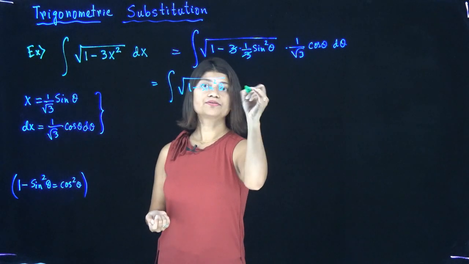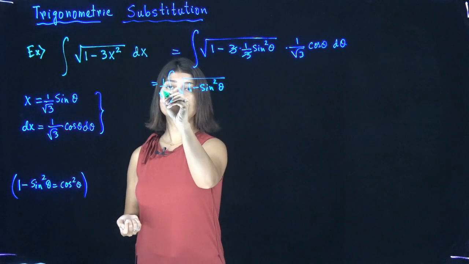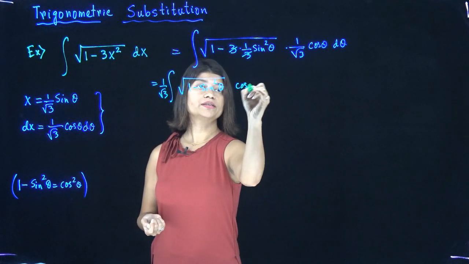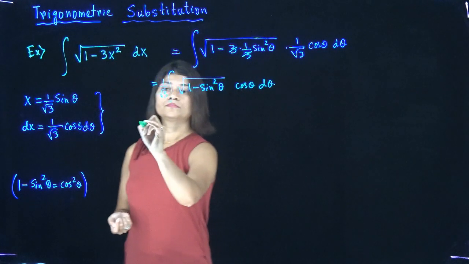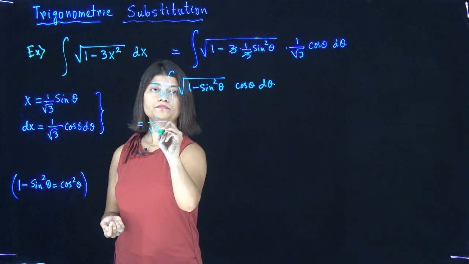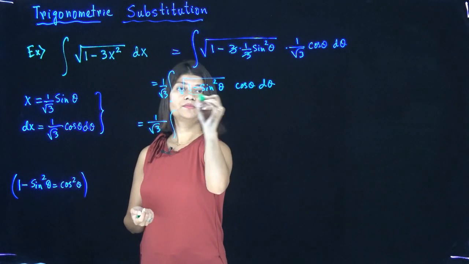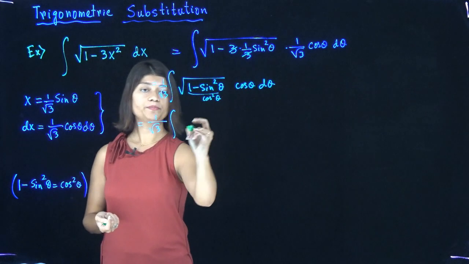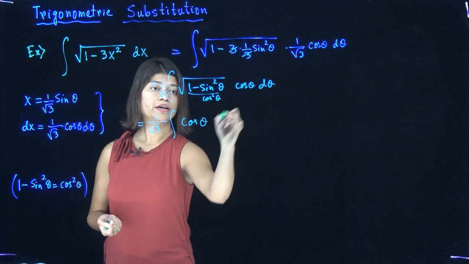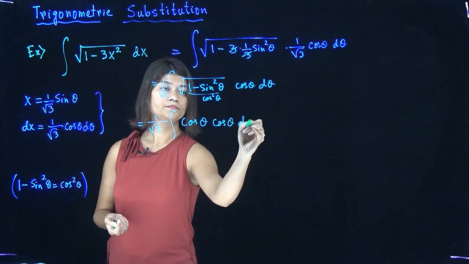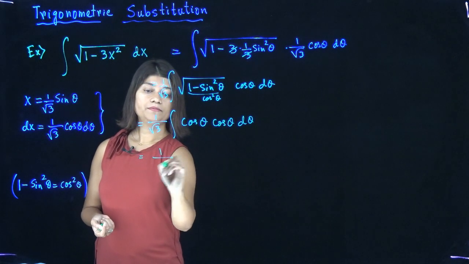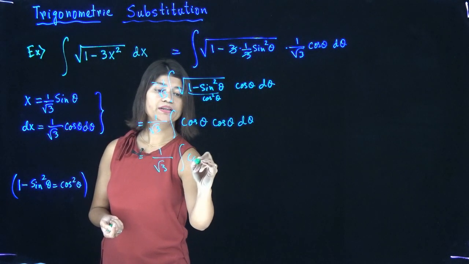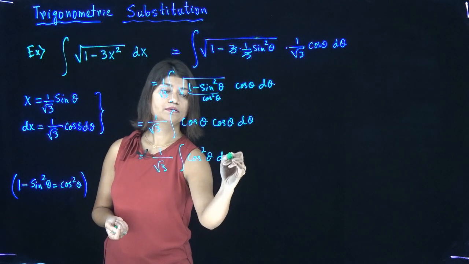And then we have this remaining: you can pull out the 1 over square root of 3, and you have another cosine theta. Remember, this is cosine squared inside the square root, so that means this is just a cosine and another cosine. So the function that you now have to integrate is cosine squared theta.